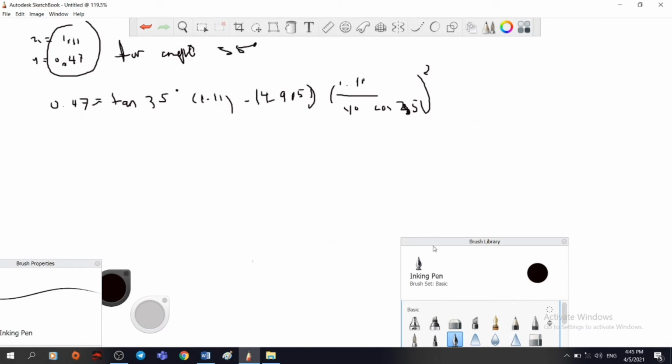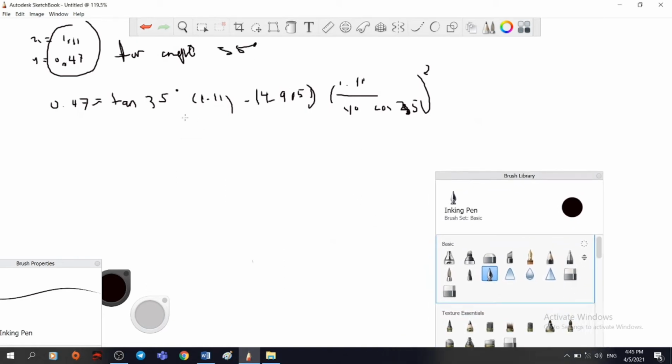Okay, now let's calculate this. We settle one by one. So tan 35 multiplied by 1.11 equals 0.78.